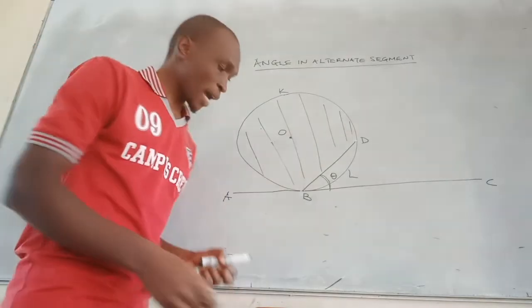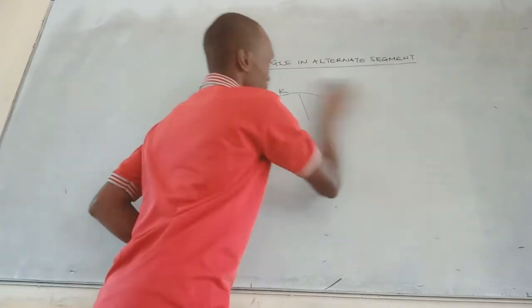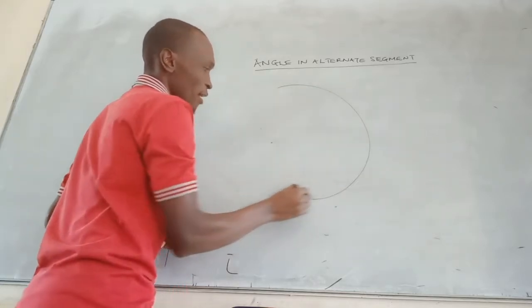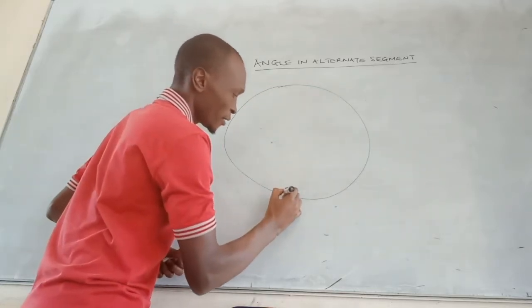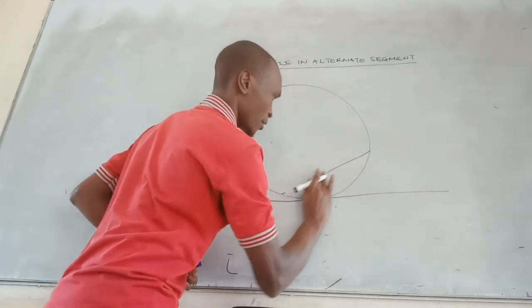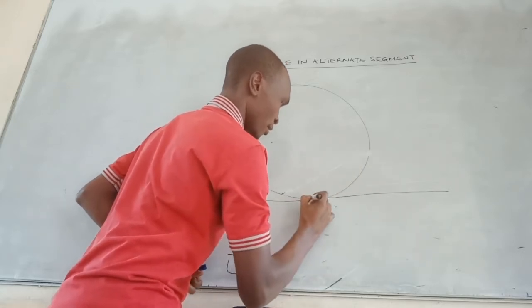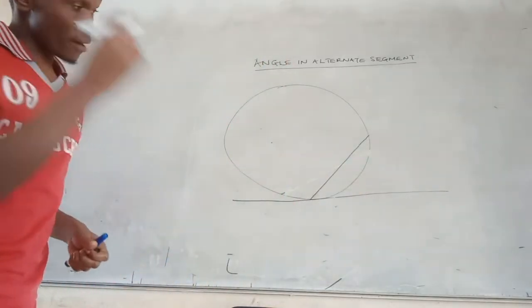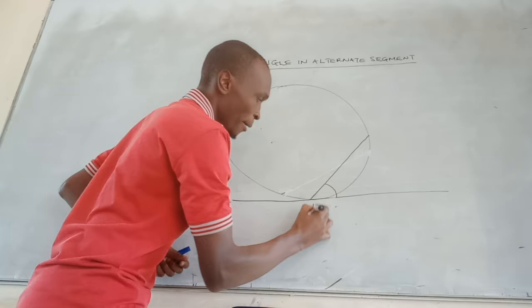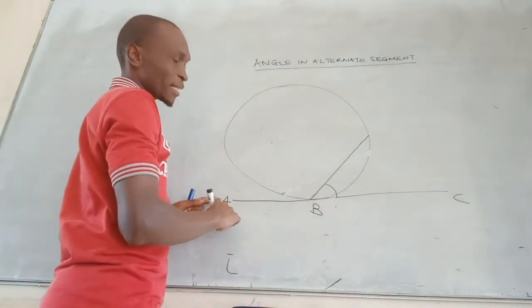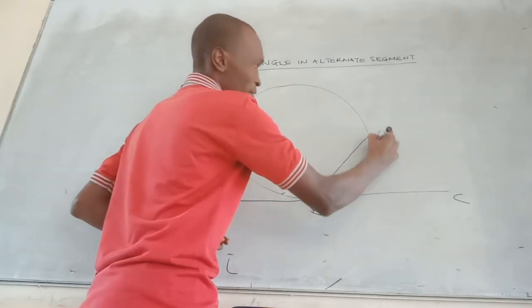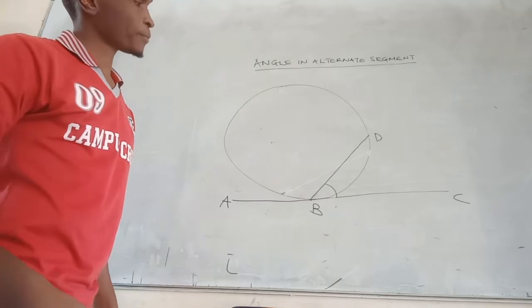Now I want to introduce other properties. So we have a circle, and then I have a tangent. Let me say this is A, B, and C again. So we have tangent AC meeting the circle at point B, and then we have BD as the chord.